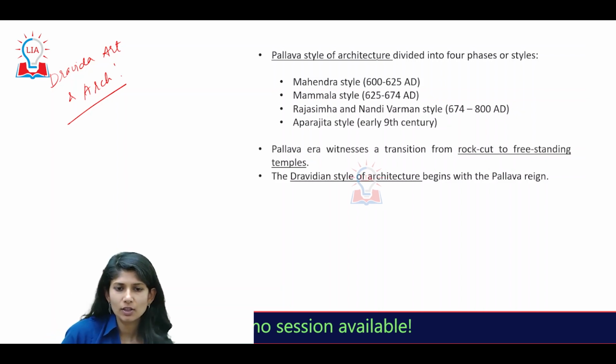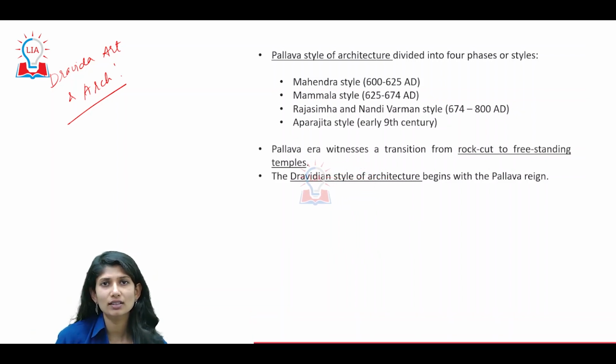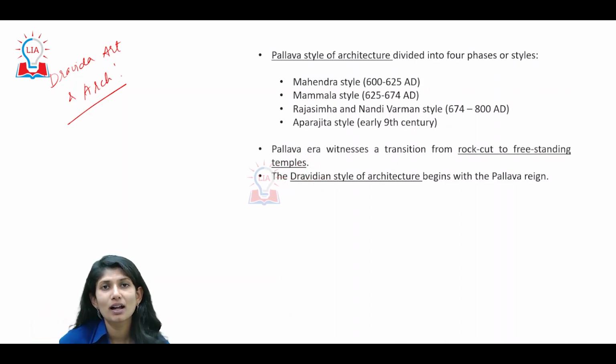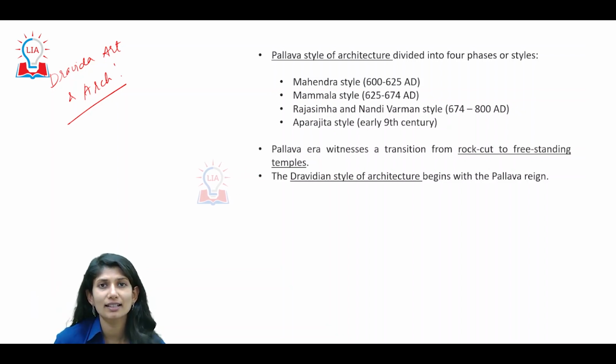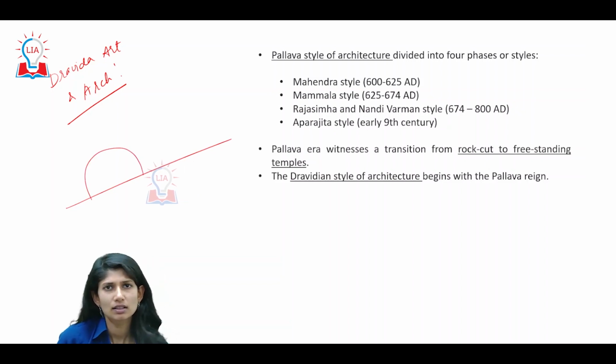So Pallava style of architecture has 4 styles or 4 different categories. You can classify it until you reach freestanding temple architecture, and not just rock cut architecture. That is, you will have a hill and cut a rock, but not just any rock cut architecture, a freestanding temple on its own. What are those styles?